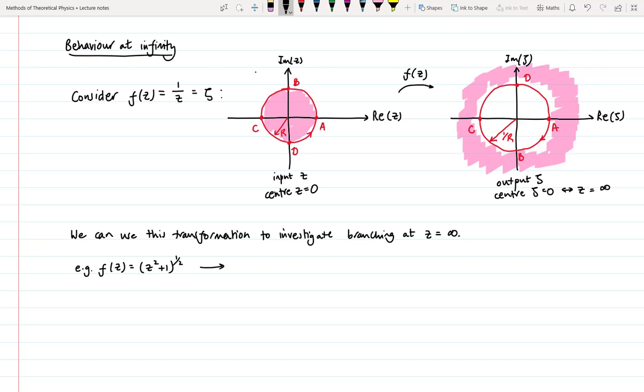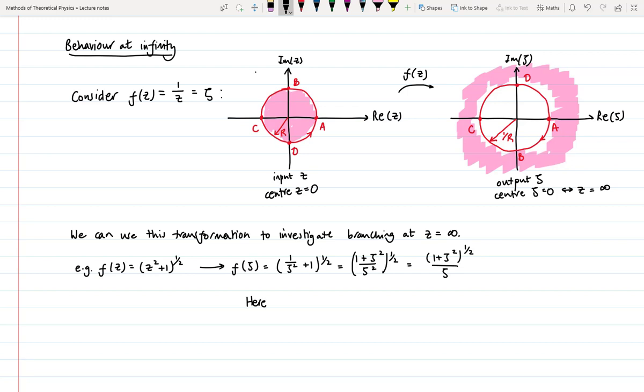If we apply this transformation, and we're now looking at our function in terms of zeta, this becomes 1 over zeta squared plus 1 to the half. We can put over a common denominator, and this gives us 1 plus zeta squared to the half divided by zeta.